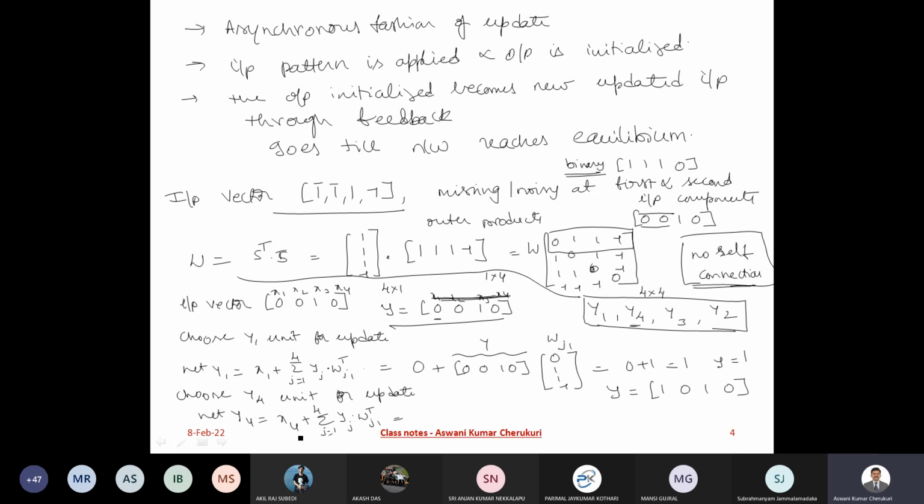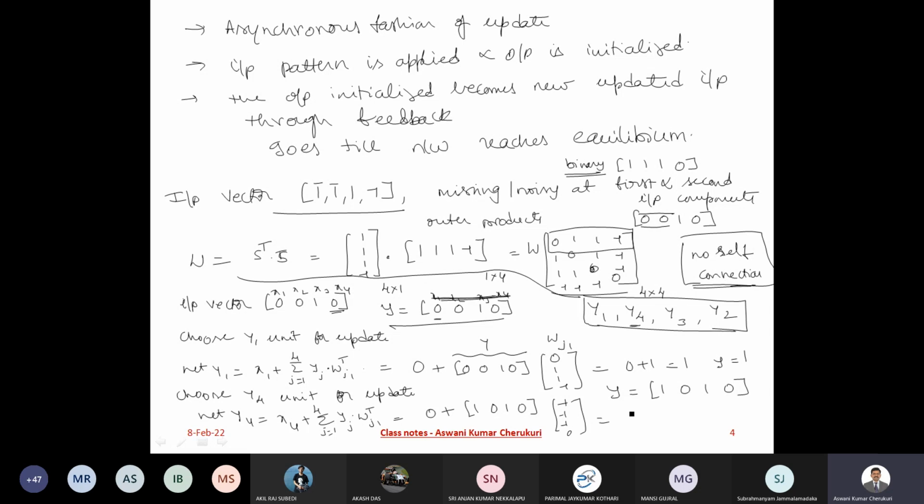What is x4? x4 is 0, and your updated y is 1 0 1 0, and you are going to consider the j1, this particular vector minus 1 minus 1 minus 1 and 0.